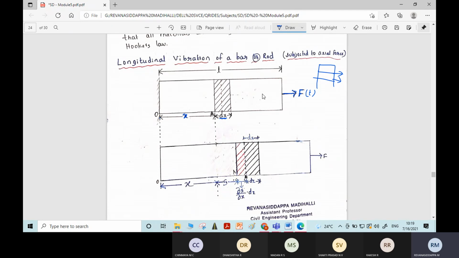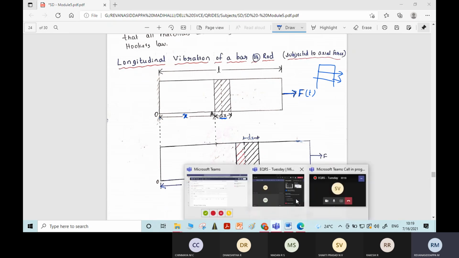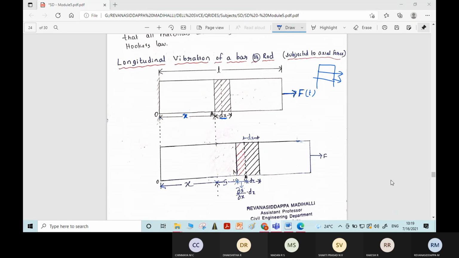So it is subjected to the external force F, a time dependent force, and it keeps on acting onto the system like this.